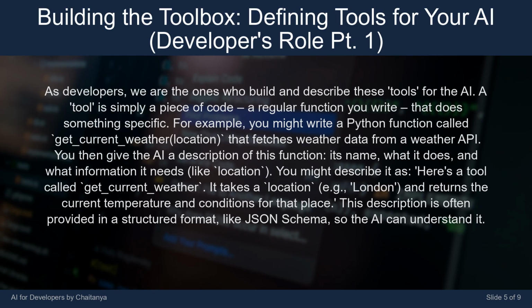You might describe it as: here's a tool called get_current_weather. It takes a location, e.g., London, and returns the current temperature and conditions for that place. This description is often provided in a structured format, like JSON schema, so the AI can understand it.